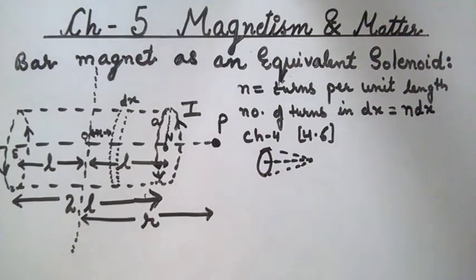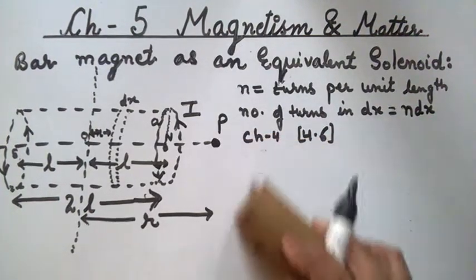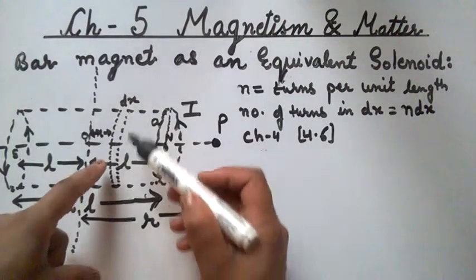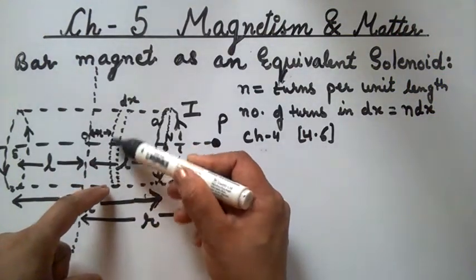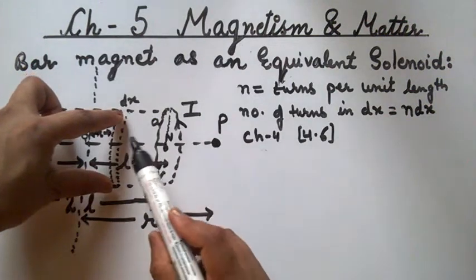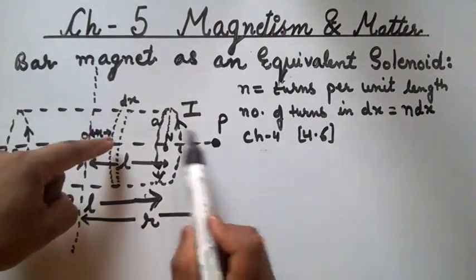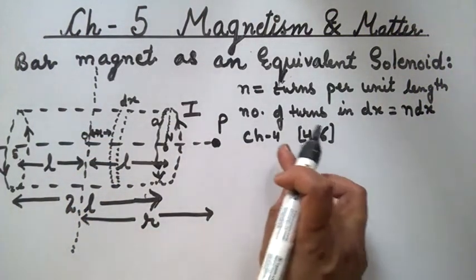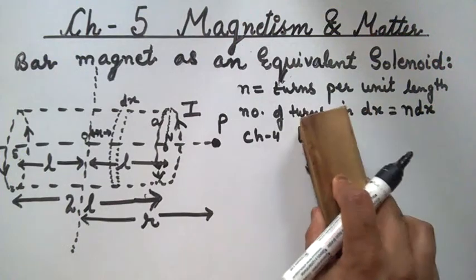The value of magnetic field here is similar to 4.6. If we consider this as a small length element and find the magnetic field at point P due to this element, it is equal to the value we studied in 4.6.